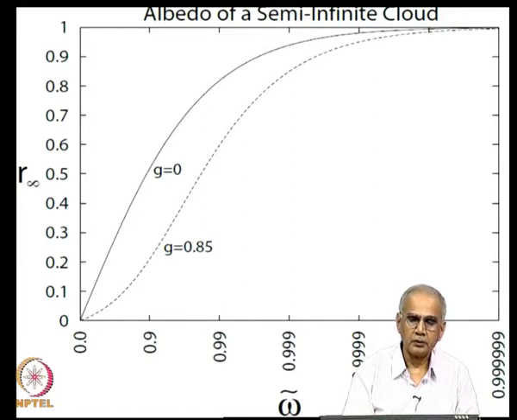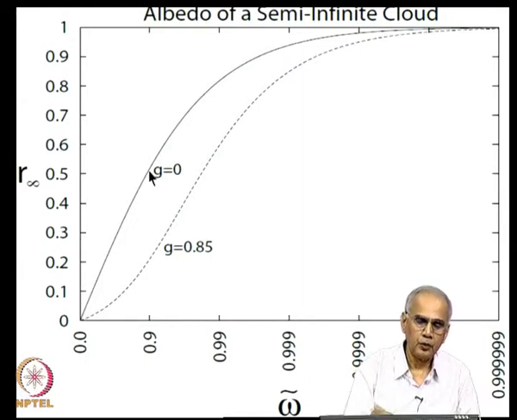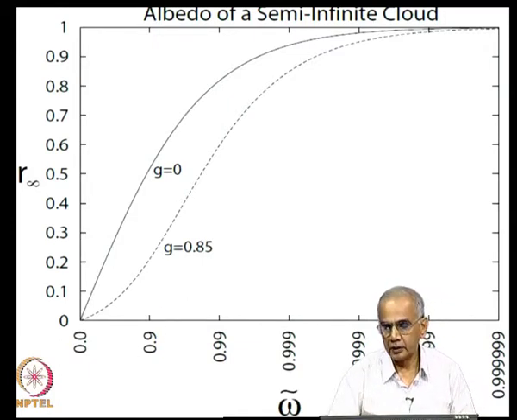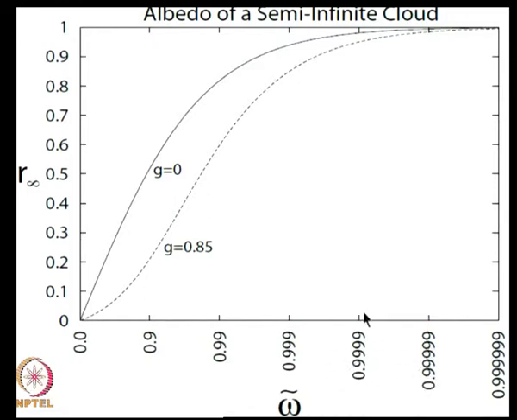We must be aware that when you assume isotropic scattering, you can overestimate the albedo of the cloud of particles by as much as 400%, if the single scattering albedo is 0.9. But if the single scattering albedo is very, very large, 0.999, very close to 1, then it does not matter what assumption you make about the nature of scattering.